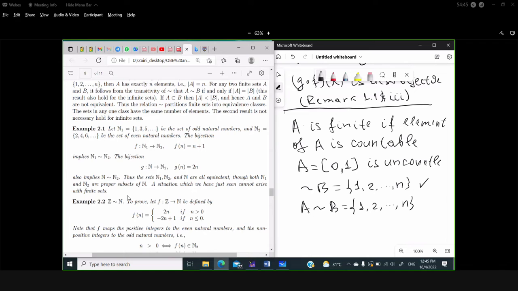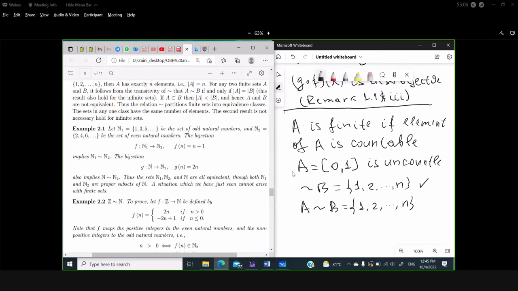So let N1 be the set of all odd natural numbers, and N2 the set of all even numbers. For these cases, we can find a bijection function like this.